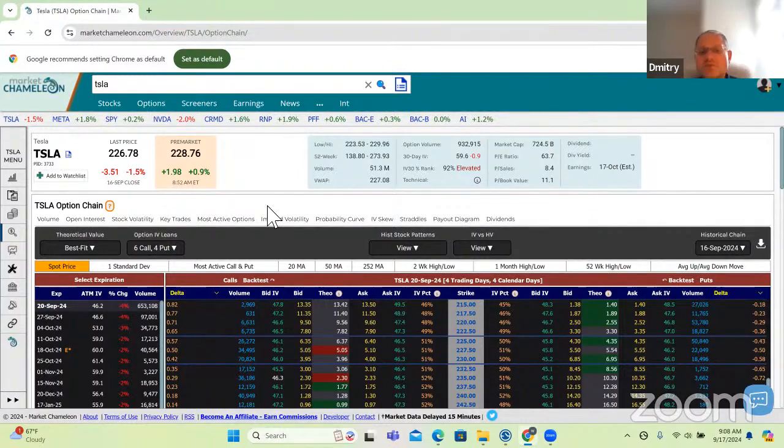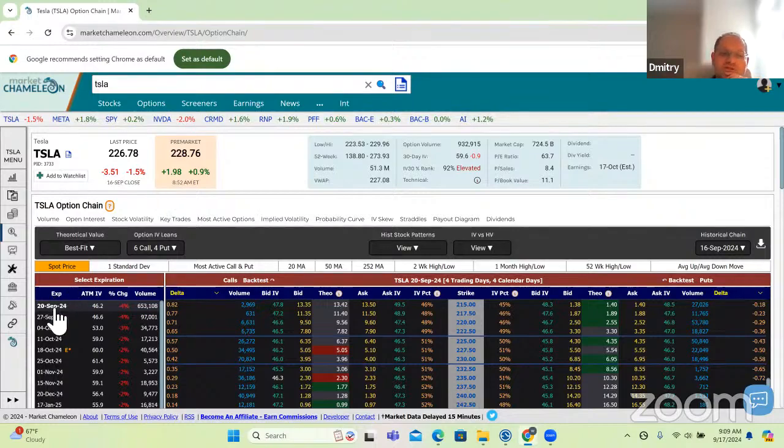When we talk about options volume, the difference between analyzing options volume and stock volume is that with options volume, there are different contracts that could trade, in different expirations or different strikes, or it could be a call or a put, and they're not all the same, right?